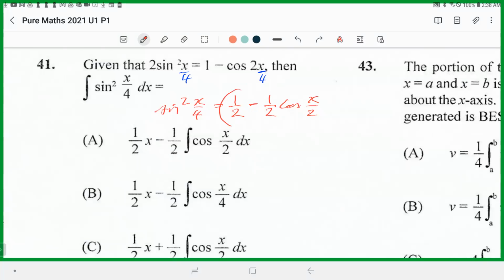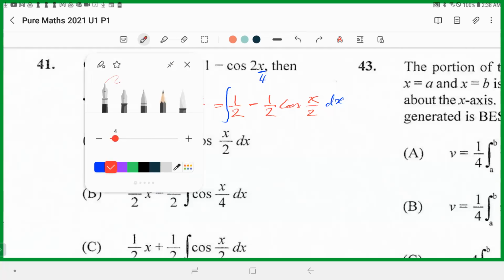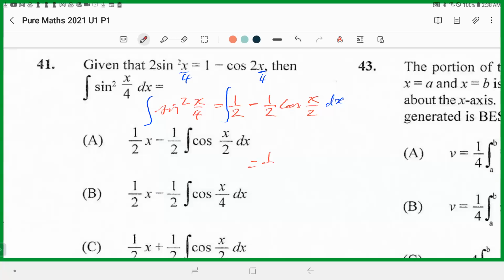Guess what now? The integral of a half is half x, the integral of a constant. So basically you're integrating both sides. So the integral of a half is half x, so it becomes equal to half x minus the integral of half cos x over 2 dx.